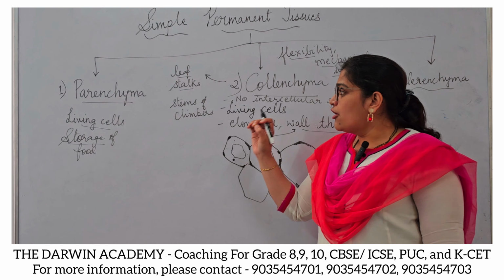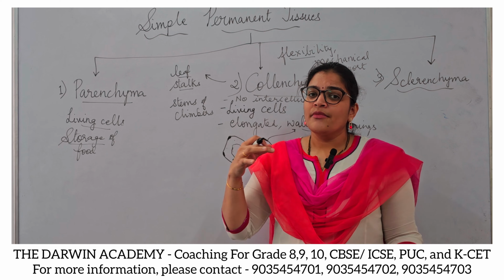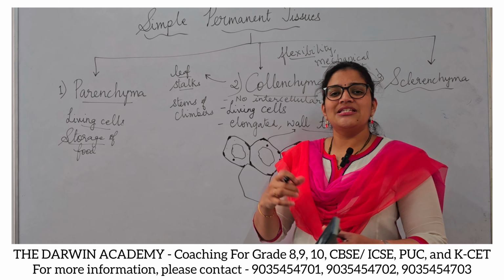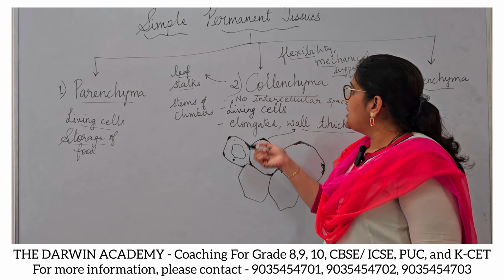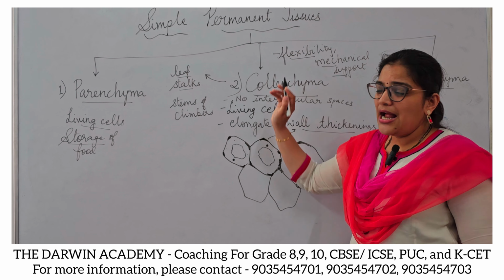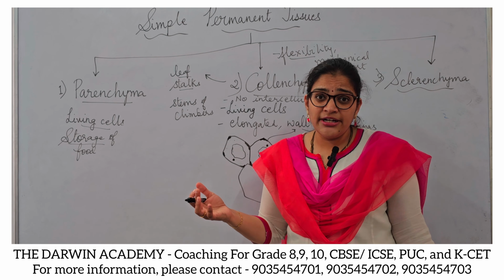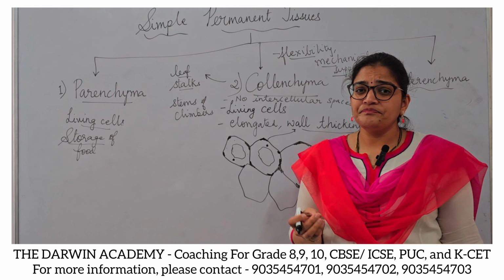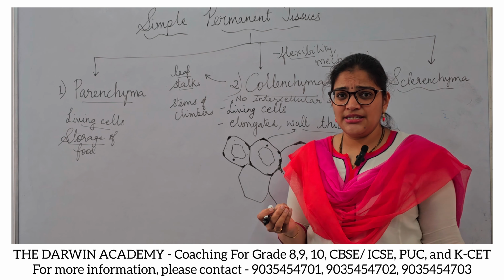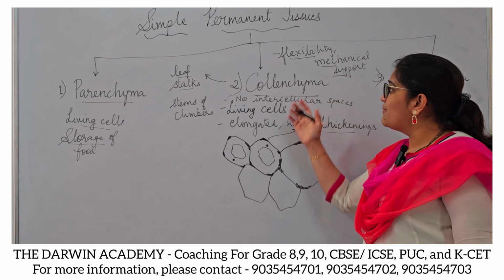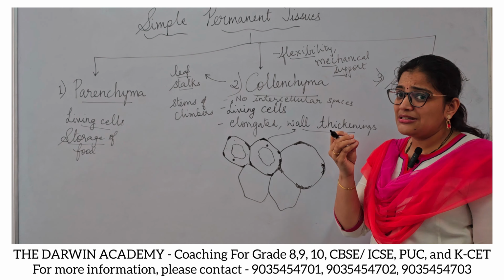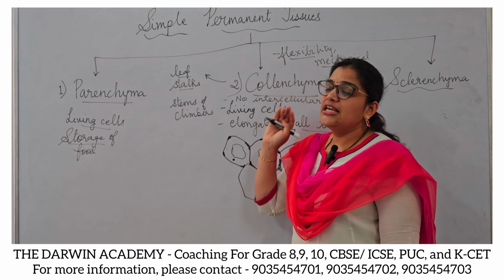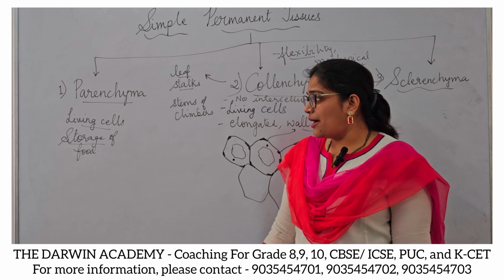So, in order to prevent the plant organ from snapping or breaking, it will have to be flexible, and also since we already have learnt in our previous chapter that plants don't have a skeletal system, they need to have little bit of mechanical support as well. That little bit of mechanical support is provided by the collenchyma tissues.